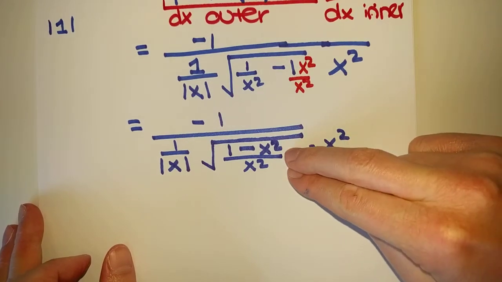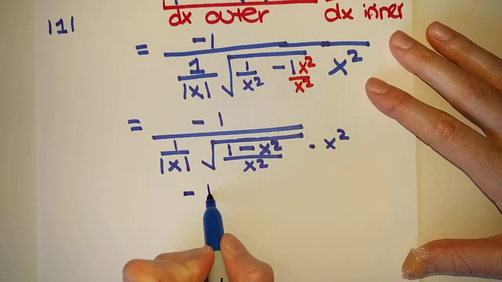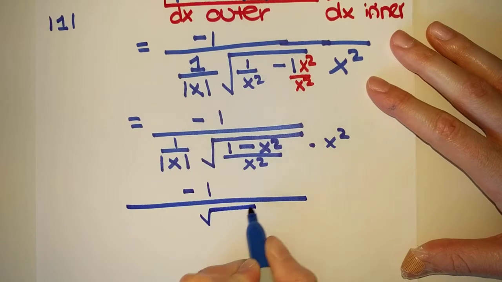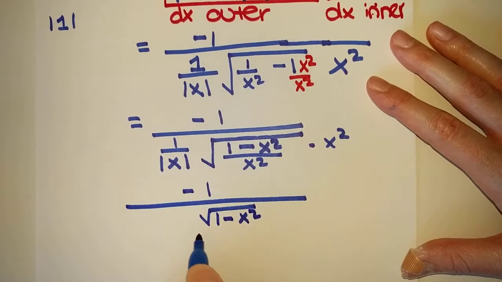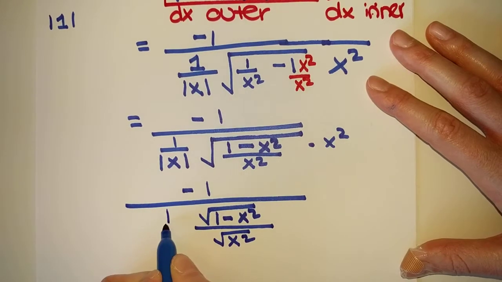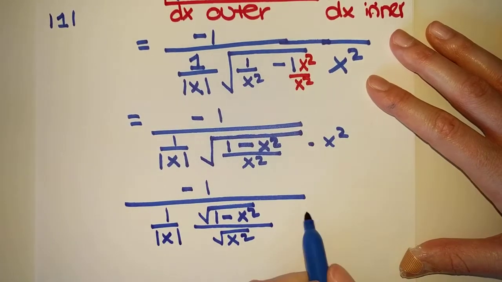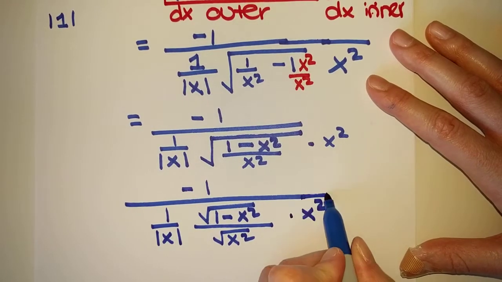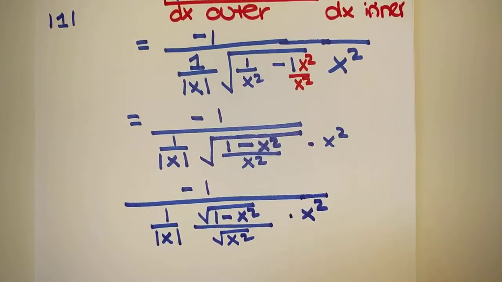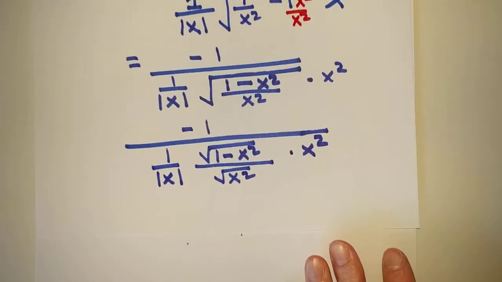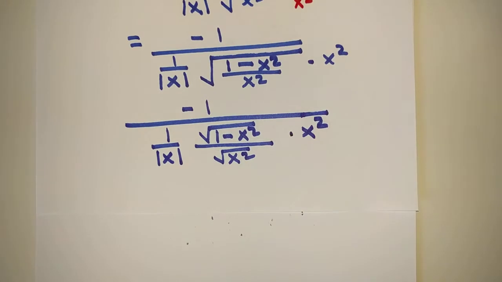So this division inside the radical can be split up into the radical of 1 minus x squared over the radical of x squared. Now, that is then multiplied by 1 over absolute value of x and then times x squared. Now, here is where we get the opportunity to really use a lot of our absolute value properties.